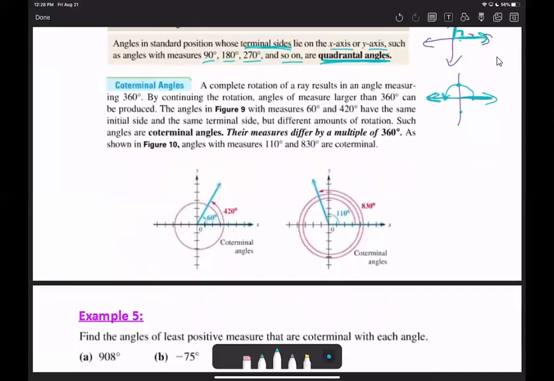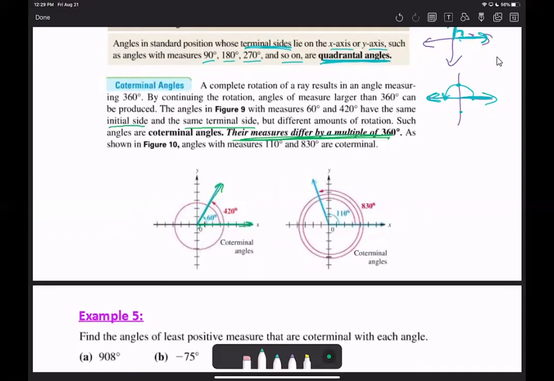We can also have angles that have more than one rotation. And if you have an angle with more than one rotation, you can have multiple angles that have the same terminal side. All right, so they have the same initial side and terminal side, but the difference is that their measures differ by 360. So look at this first example. Here I have an angle of 60 degrees.